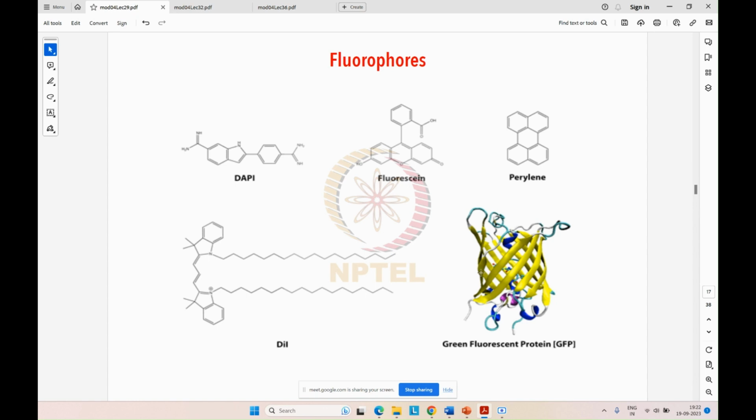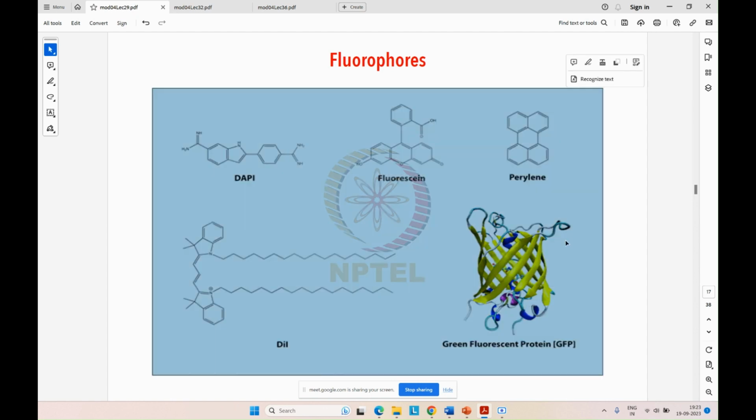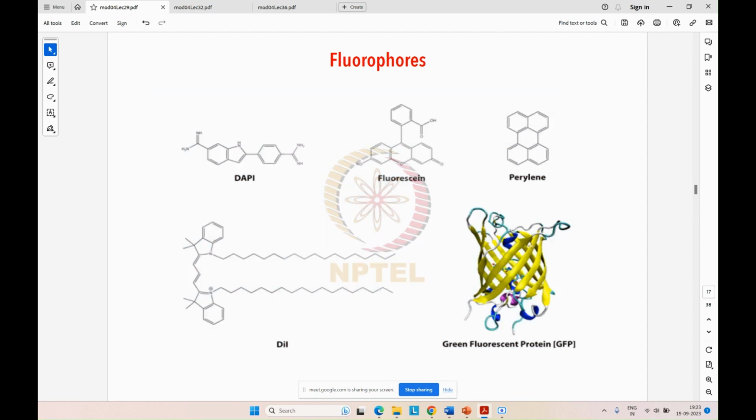The structure of GFP helps it: the fluorophore that we are interested in is inside the beta barrel structure. These beta sheets that surround the fluorophore are what is called a beta barrel structure. So you basically tag your protein with GFP, and when you shine light, you can track where your protein is going.